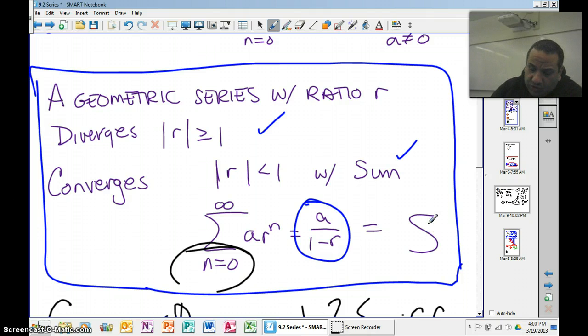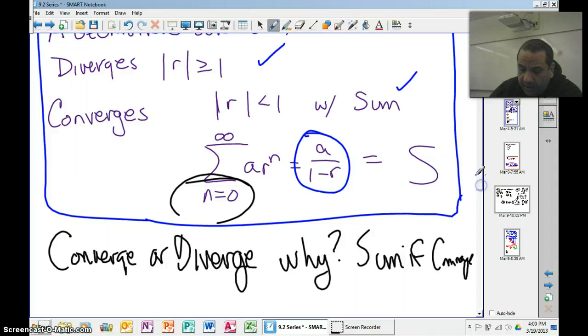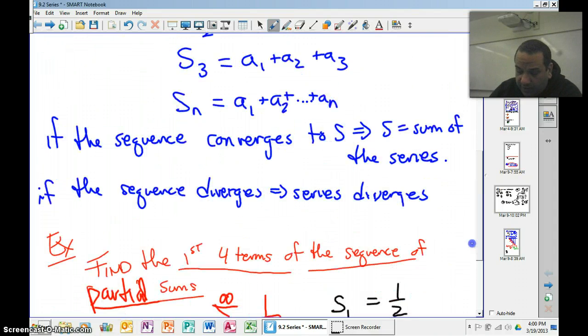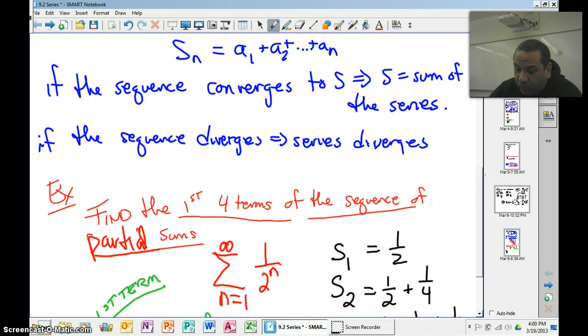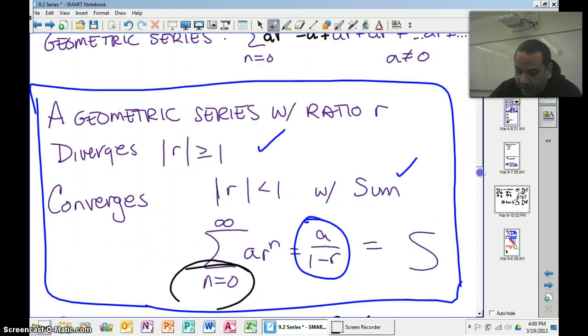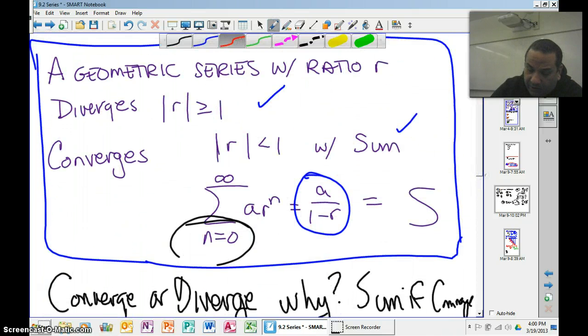So in that one example I showed you before on that other page, look at this. It's 1 over 2 to the n. That can also be written as, you ready? I'm going to do it in red right down here. The sum of 1/2 to the n power. So my r is 1/2, the absolute value of 1/2 is less than 1.